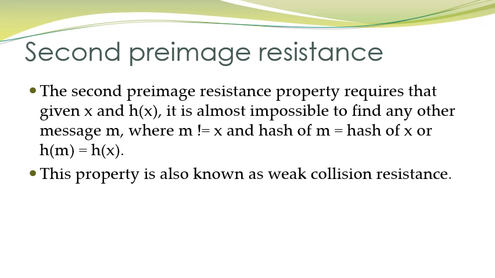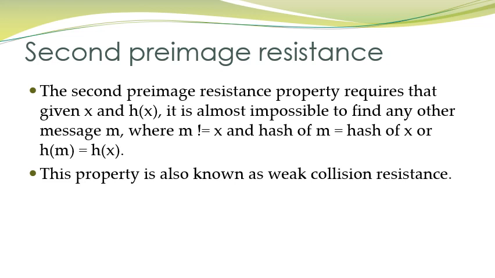So this property guarantees that we cannot have another message, a second message, that will point to the same output. That means if we give the input x, we cannot have the same output produced from taking another input. So this is the second pre-image resistance property.